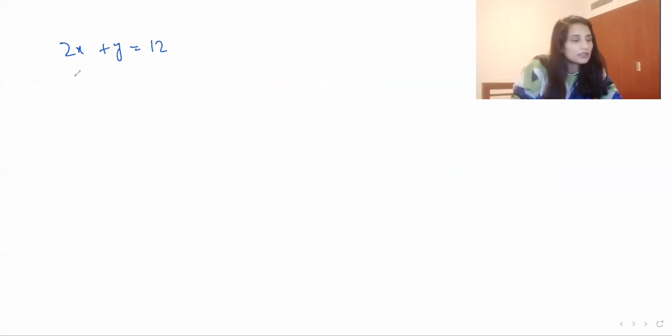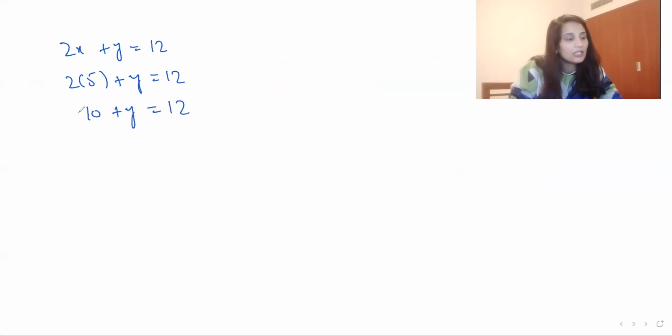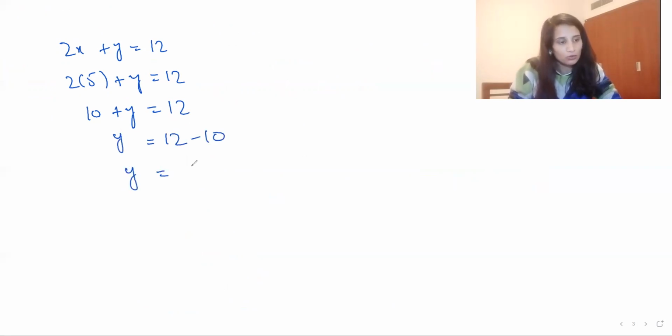Since x is equal to 5, 2 into 5 plus y is equal to 12, and 2 multiplied by 5 is 10, plus y is equal to 12. This plus 10 goes to the other side and becomes minus 10, and we get y is equal to 12 minus 10, that is equal to 2. That's it.